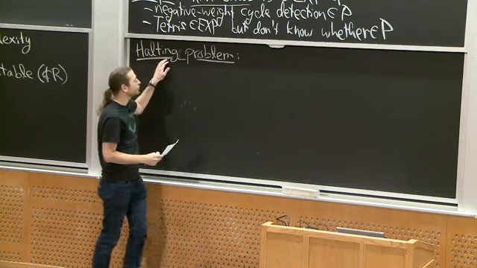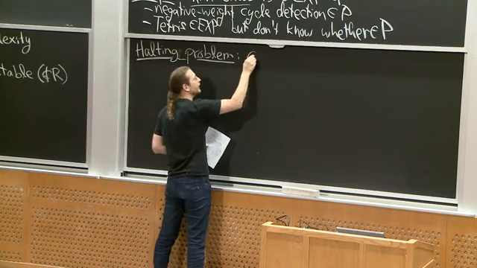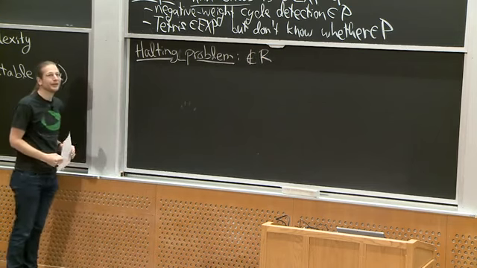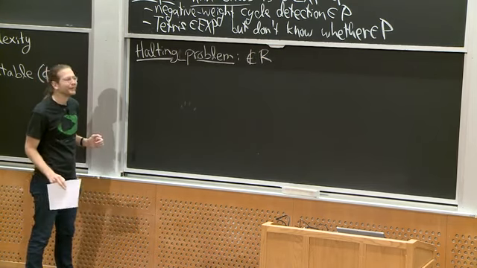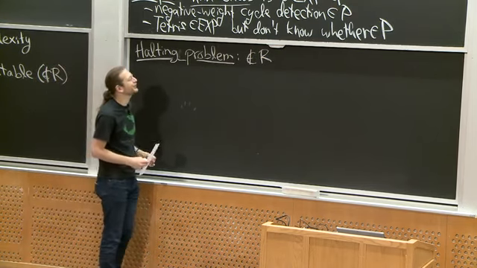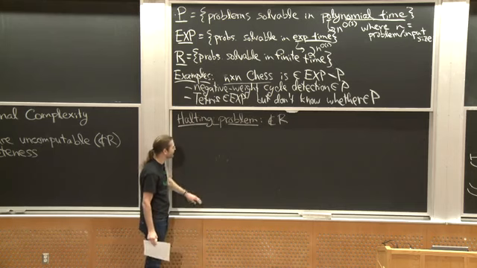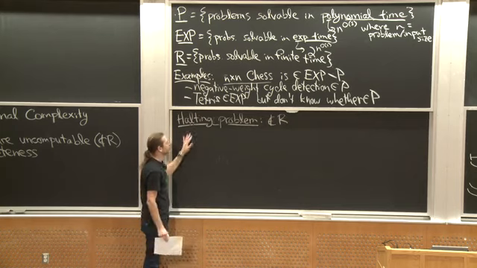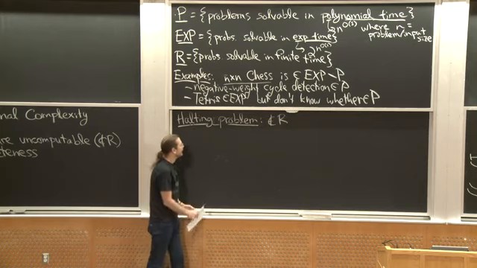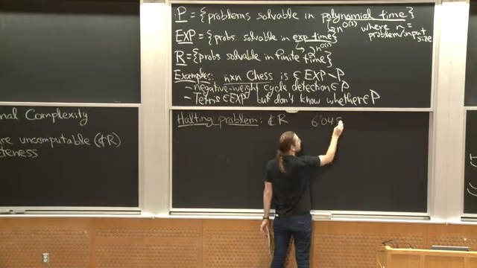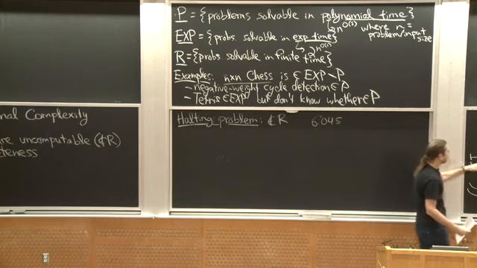We have an explicit problem that is not in R. So this class has been all about problems that are in P, which is very easy. But in fact, there are problems way out here beyond R.